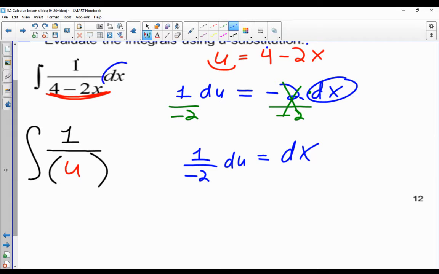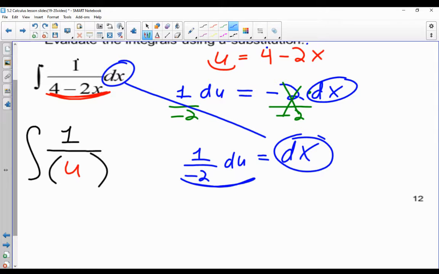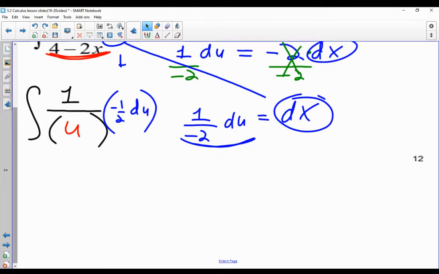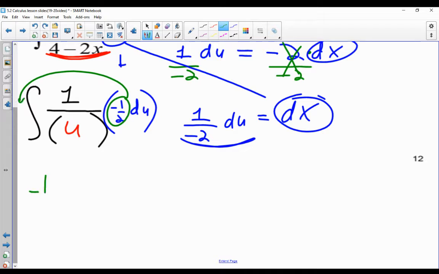And then the dx, we already got that labeled. dx is the same thing as negative 1/2 du, so I'm going to replace the dx with negative 1/2 du. If you want to make this look a little bit prettier, you can take this negative 1/2 and bring it to the front. So negative 1/2 integral of 1 over u, and then just du.